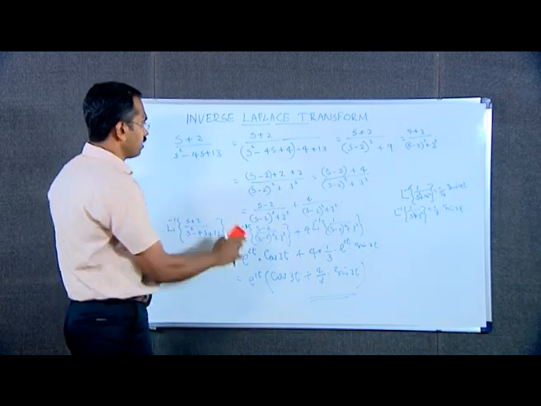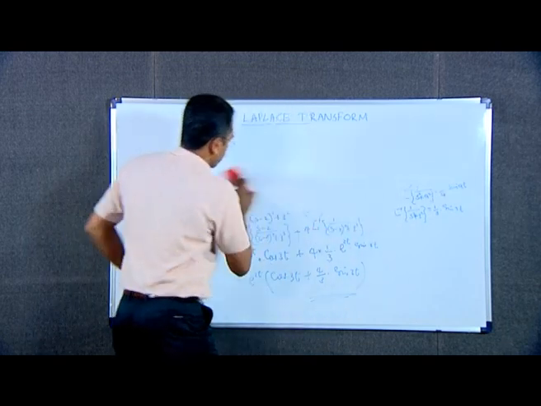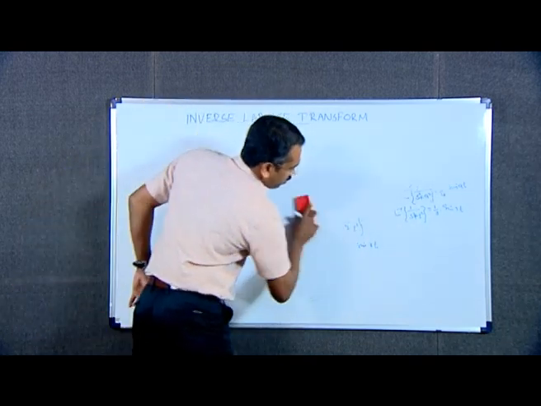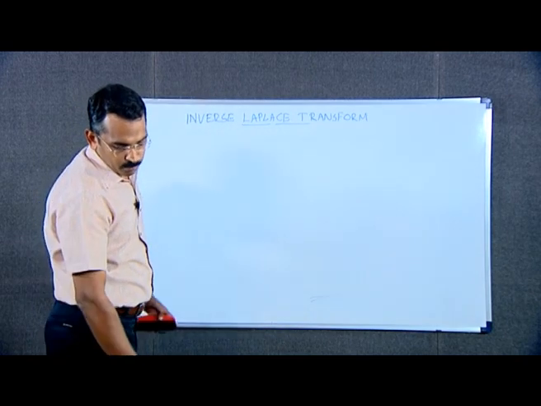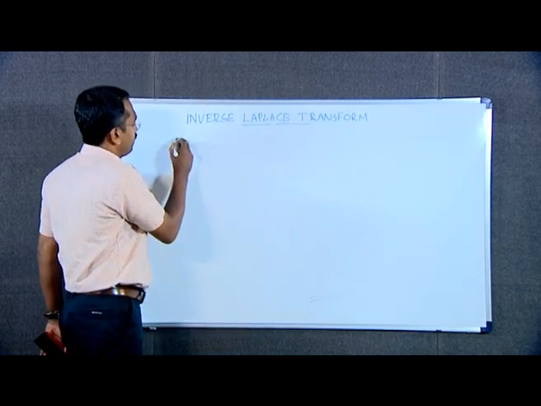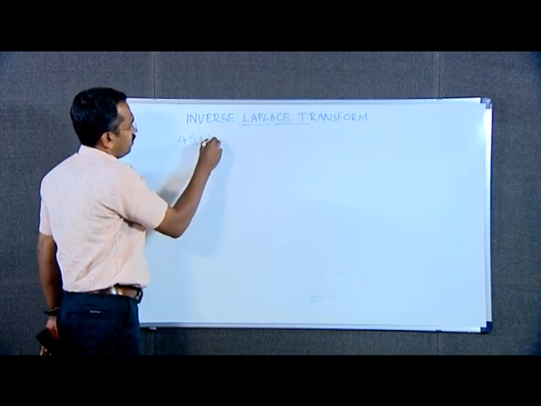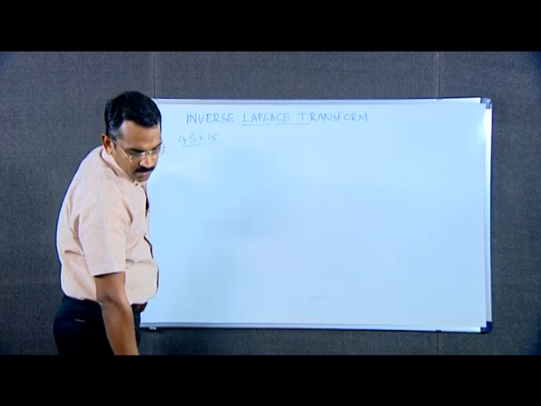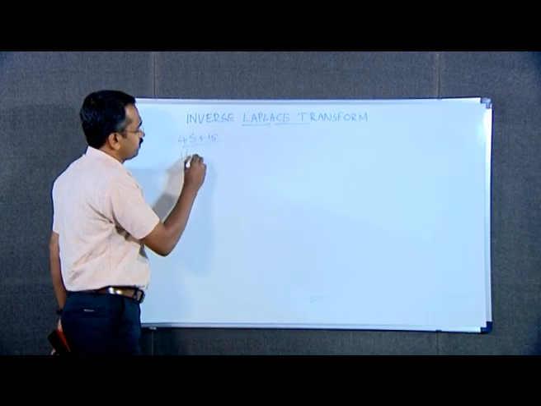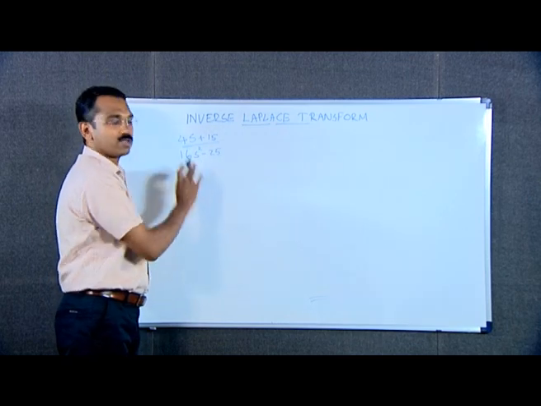Now consider this function f of s is equal to 4s plus 15 divided by 16 s square minus 25. We have to find the inverse of this function.